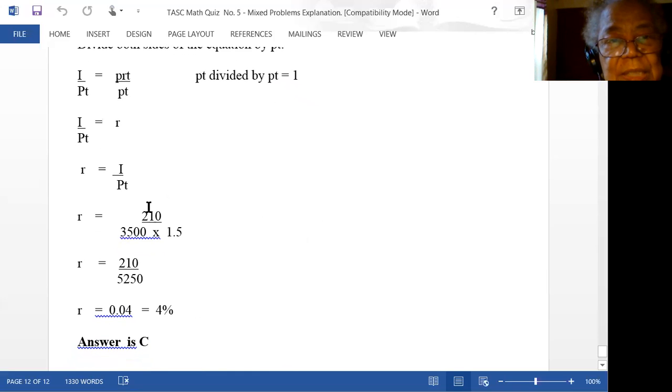Our interest was given as 210. Our principal is 3,500. And our time is 1.5 years, or 1.5. So we multiply this out, we have 210 over 5,250. That gives us a decimal of 0.04, which is 4%. And our answer is C.